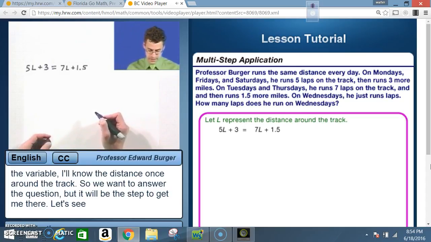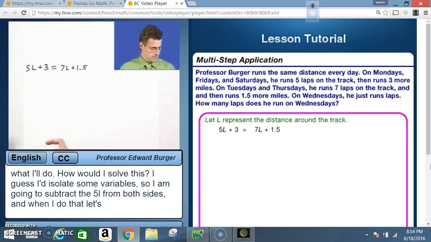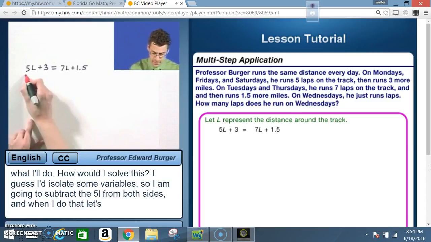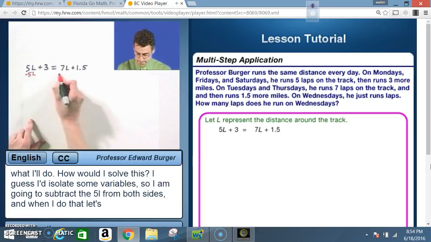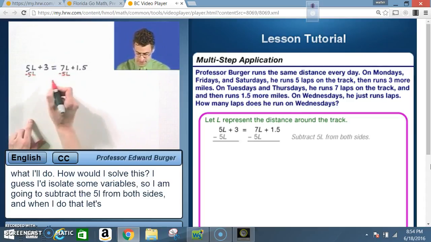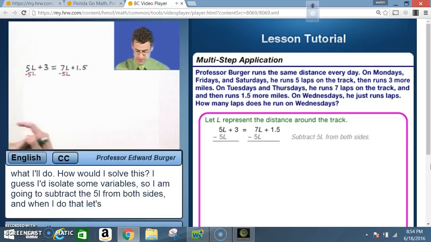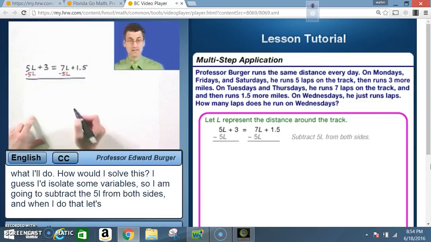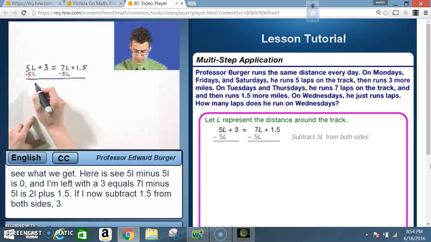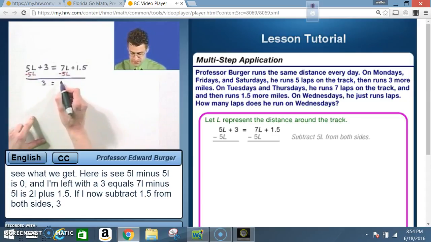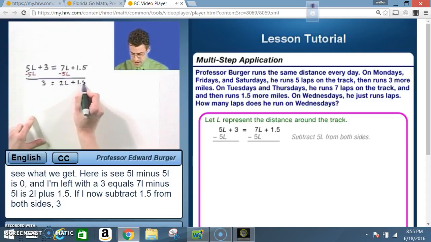So let's see, how do I solve this? Well, I'd isolate some variables, so I'm going to subtract the 5L from both sides. And when I do that, 5L minus 5L is 0. I'm left with 3 equals 7L minus 5L, which is 2L, plus 1.5.